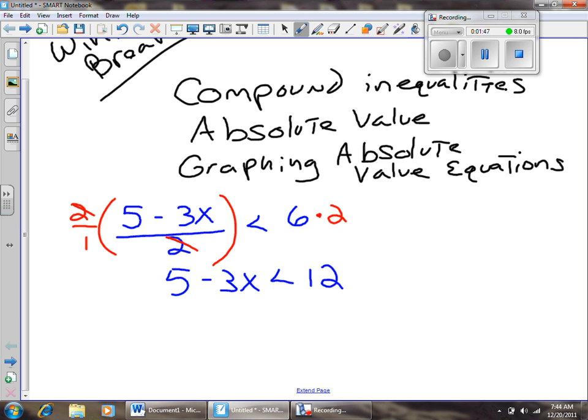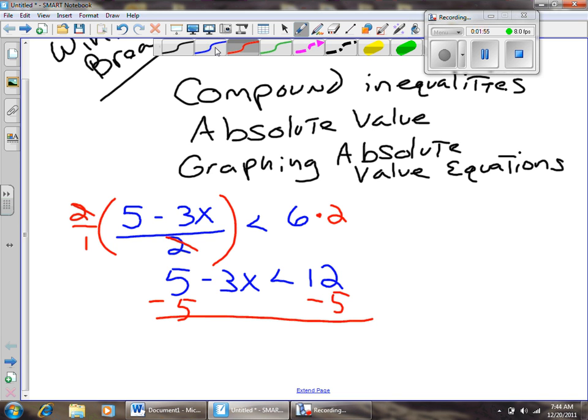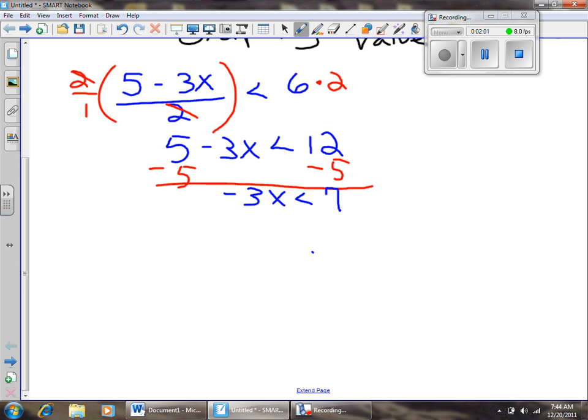Now I have a two-step inequality, so I will subtract 5 from each side, leaving me with negative 3x, which is less than 7. And then I need to divide by negative 3.